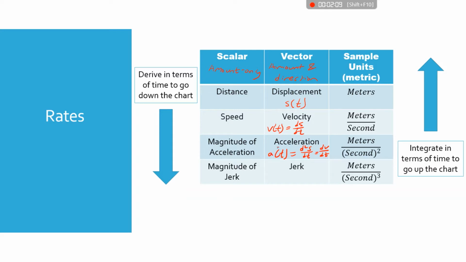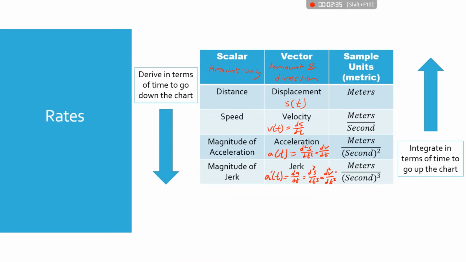I don't have a subscript for jerk, so this would be a prime of t, dA over dt, d cubed s over dt cubed, or the second derivative of v in terms of time squared.